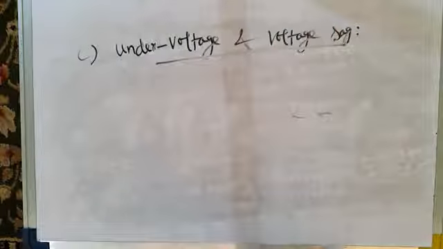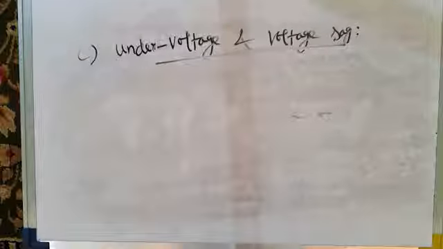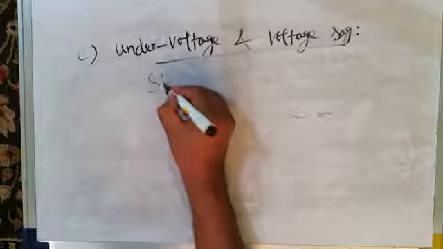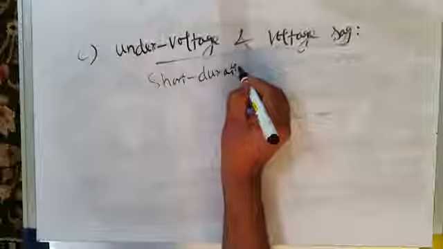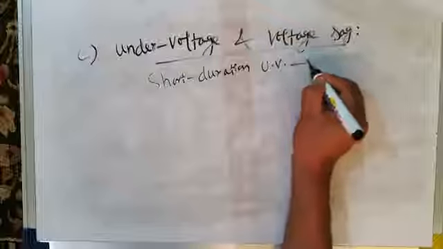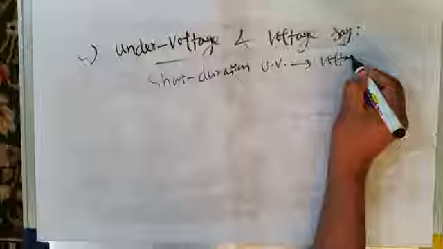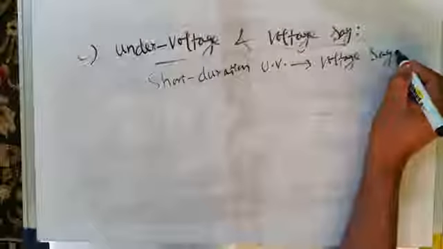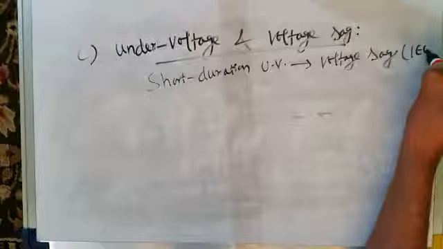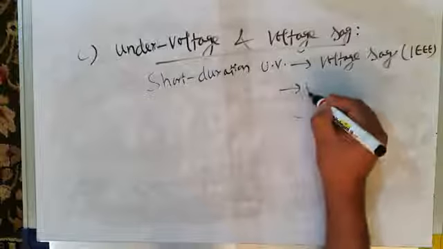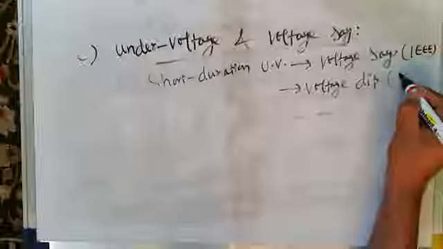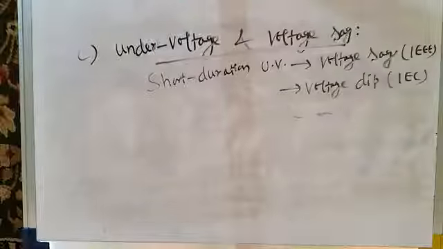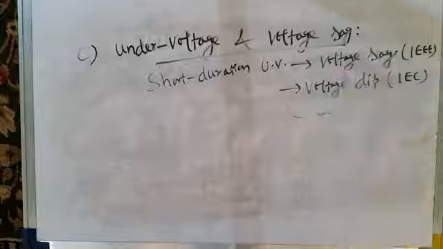Now, if the under voltage is of short duration, that is, short duration under voltage, it is called voltage sag by IEEE, and it is called voltage dip by IEC. If you see IEC literature, they call it voltage dip. If you see IEEE literature, they call it voltage sag.